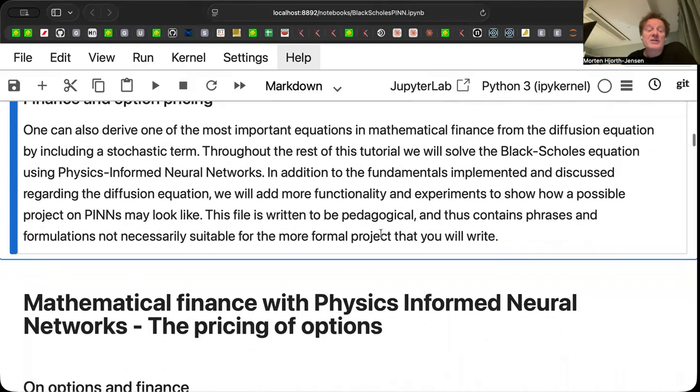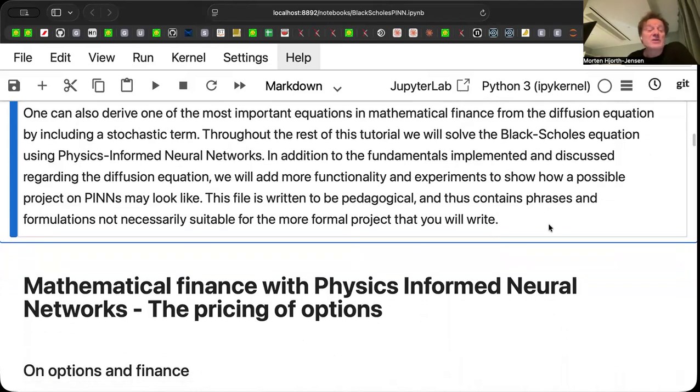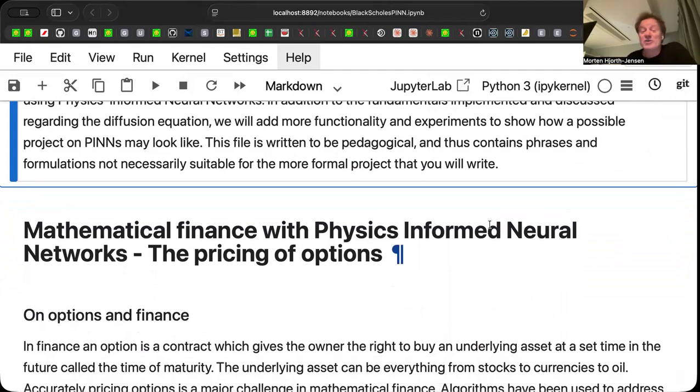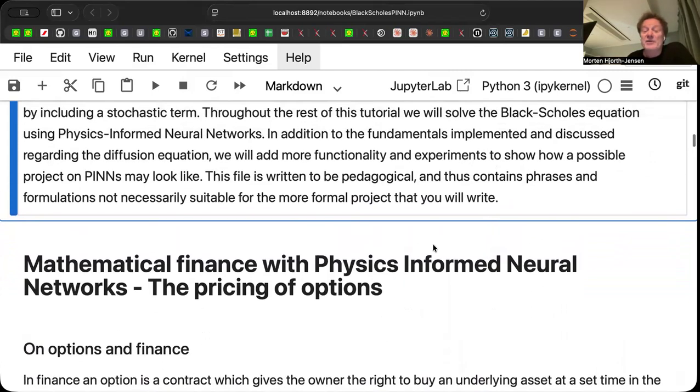And this file is written mostly to be pedagogical, and it contains phrases and formulations not necessarily suitable for the more formal project that you would write. So when you look at everything which you see here, when you write the final project, many of the things here are not needed to plug into the project.